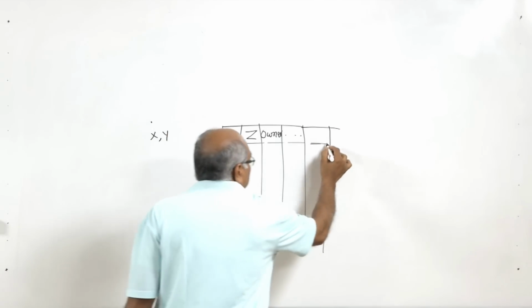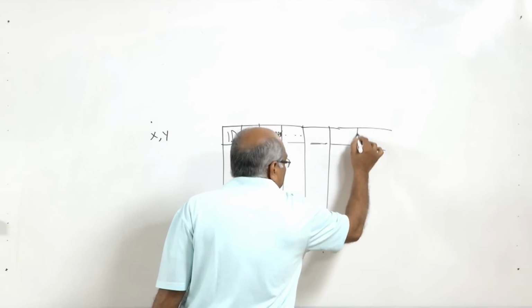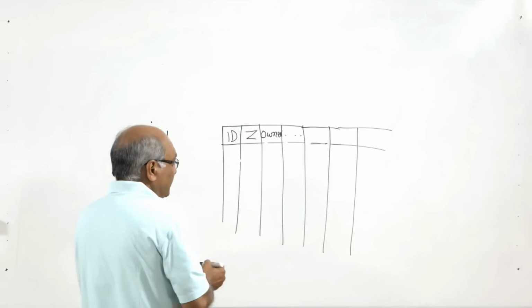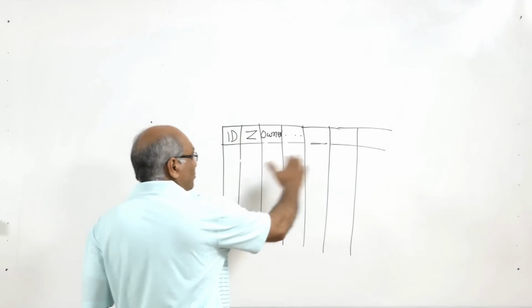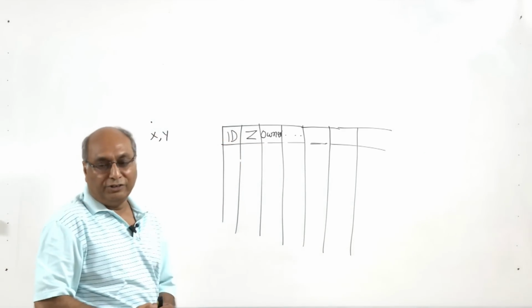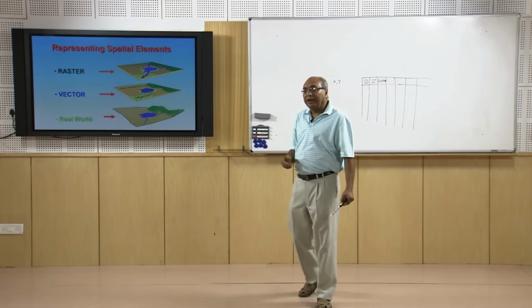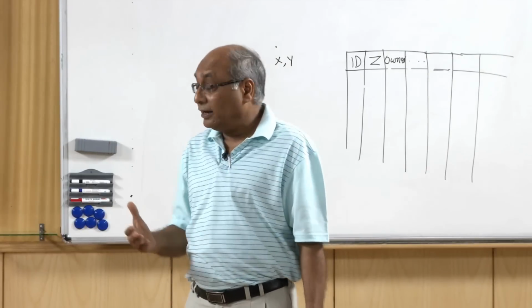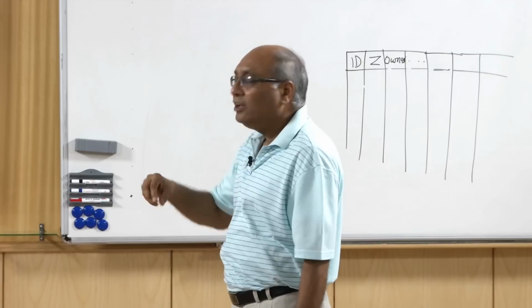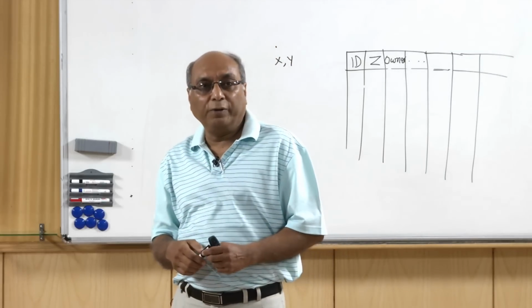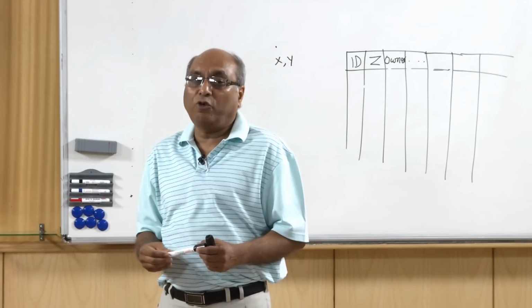Now, this part theoretically is unlimited; the number of columns which you can have in a standard GIS database is theoretically unlimited, but when you are really using GIS software, there might be some software limitations.